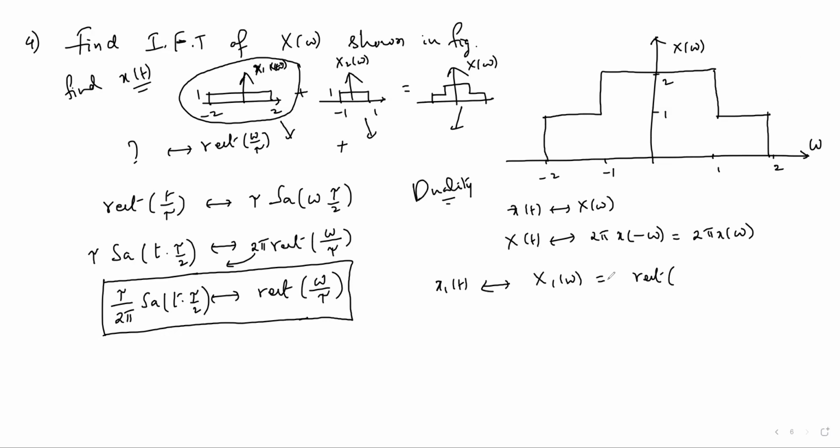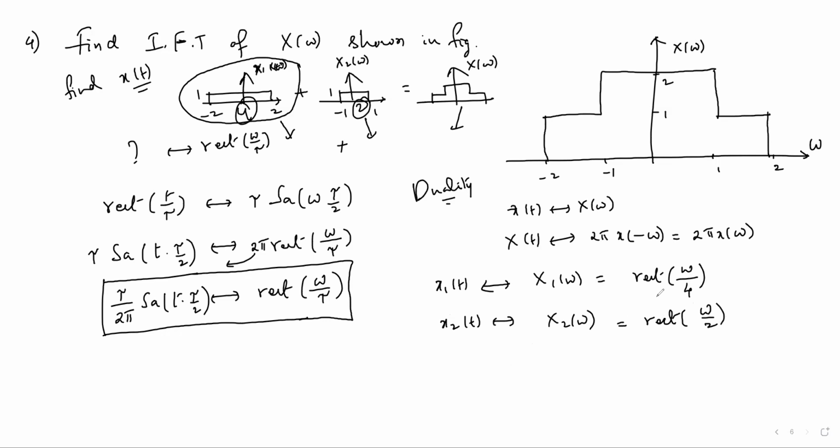The first signal width is 4, the second signal width is 2. So this is rectangular of omega by 4 for the first signal. For the second signal, the Fourier transform x2 of omega is a rectangular function of omega by 2.